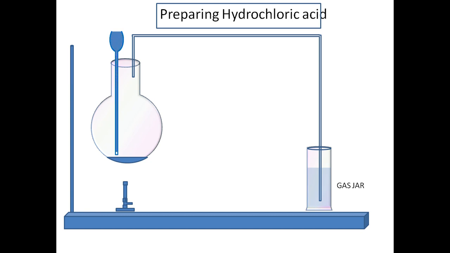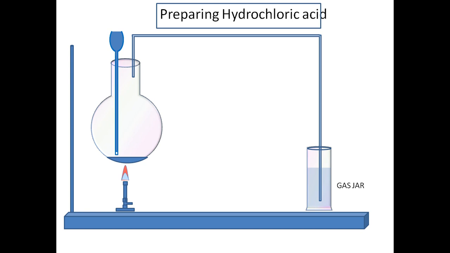Through the thistle funnel, concentrated sulfuric acid is added, and in the round bottom flask we already have sodium chloride. When the temperature is given, when the Bunsen burner is started, the reaction starts and hydrogen chloride gas starts moving from the round bottom flask to the gas jar.